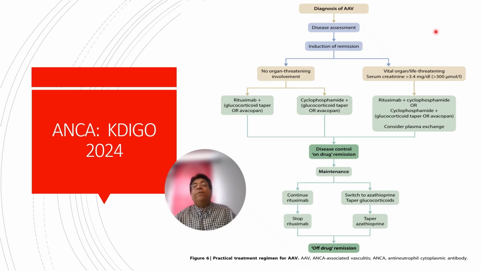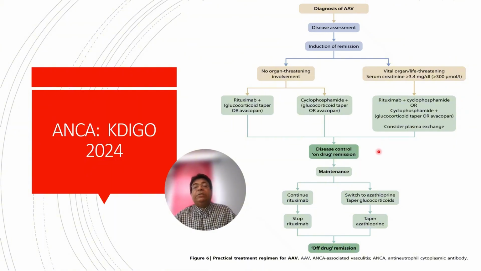If you do have vital organ or life-threatening disease, then you should consider rituximab plus cyclophosphamide, or cyclophosphamide alone. But rituximab plus cyclophosphamide is increasingly being used and recommended if there's a vital organ or life-threatening disease.